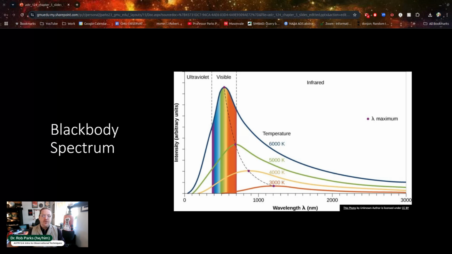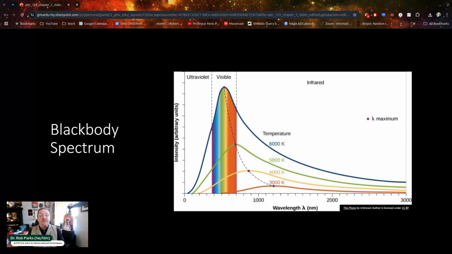There are a couple of things to note here. One, as should be obvious, the area under the curve for the 6,000 Kelvin is much larger than the area under the curve for the 3,000 Kelvin. The other thing, which the curved dotted line is attempting to illustrate, is that the wavelength of the peak of these curves shifts as you go to cooler or hotter objects.